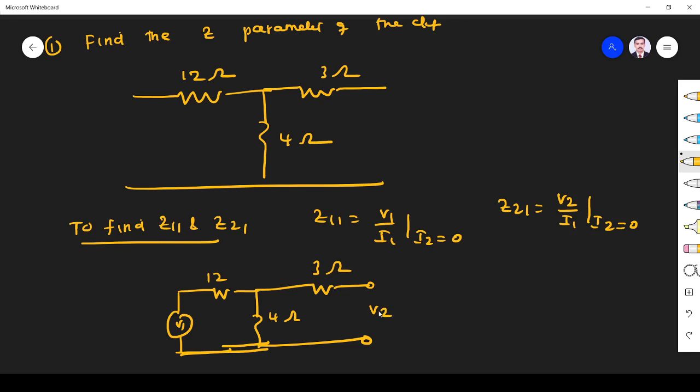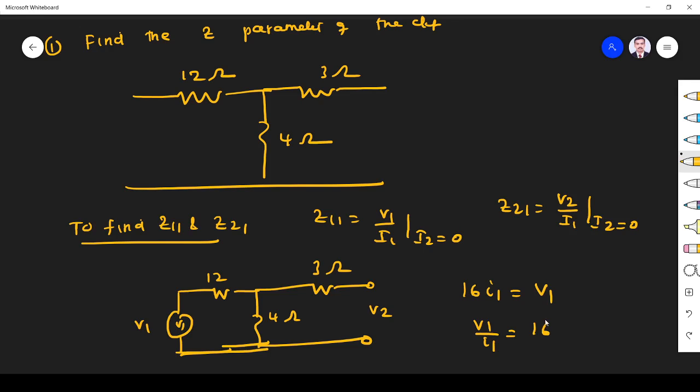Now we apply KVL, this is V1. When you apply KVL, it is 16 I1 equal to V1. Here the current is 0, open circuit. So 16 I1 is equal to V1, so V1 by I1 is equal to 16.